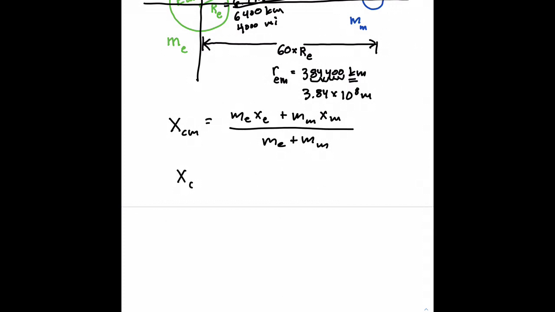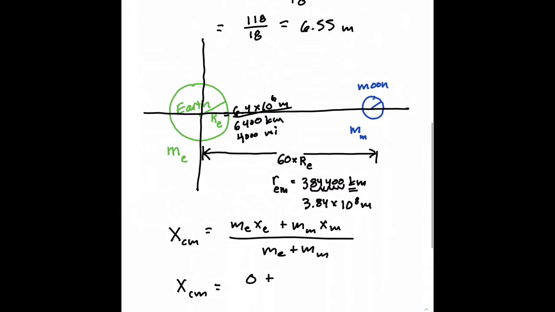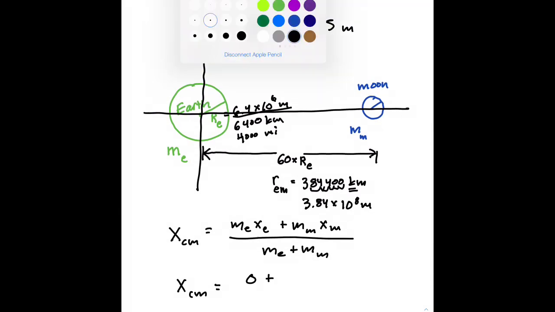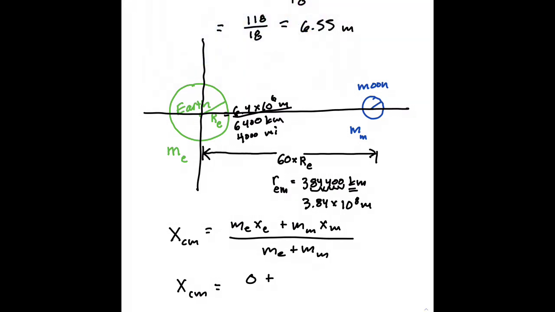The location for the center of mass is equal to 0 plus, well, I need to give you the mass of the Moon. The mass of the Moon is equal to 7.35 times 10 to the 22nd kilograms. And while I'm at it, I'll give you the mass of the Earth. The mass of the Earth is approximately 6 times 10 to the 24th kilograms.